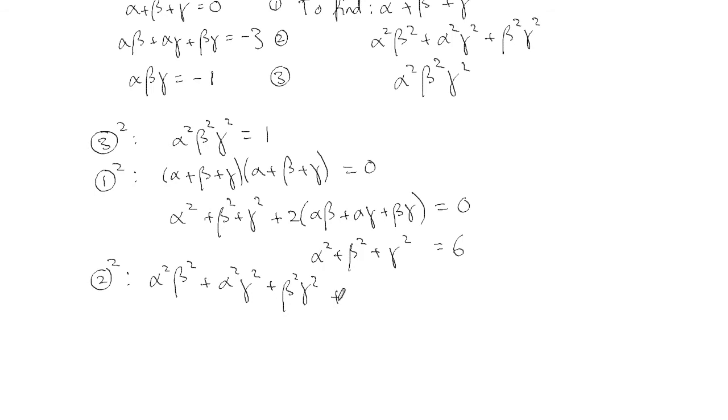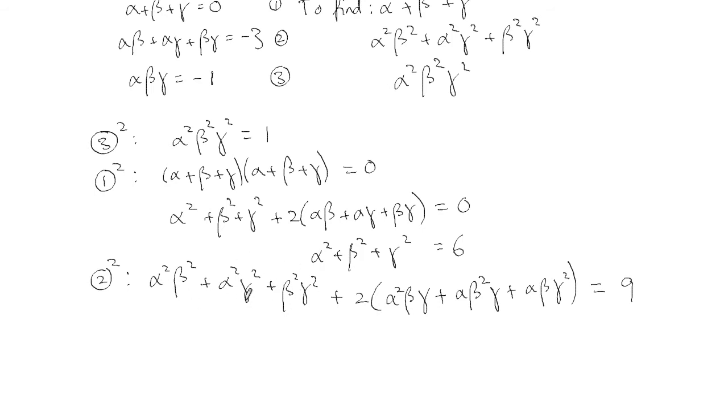And then we're also going to get the cross terms, so that times that, in the same way that we had before. So we'll have the alpha beta times the alpha gamma, so an alpha squared beta gamma, and then also the alpha beta times the beta gamma, alpha beta squared gamma, and then also an alpha beta gamma squared. And that's going to equal that squared, which is 9.